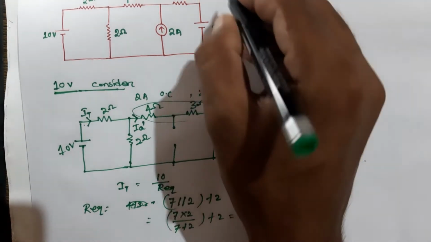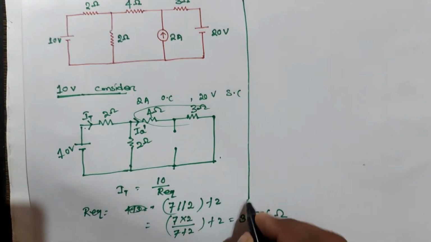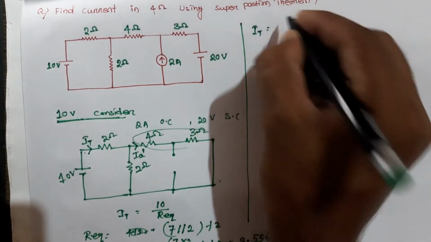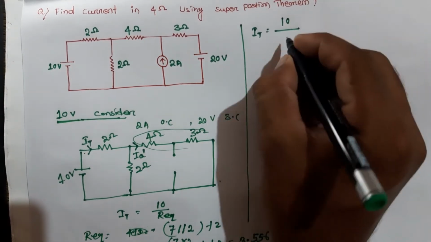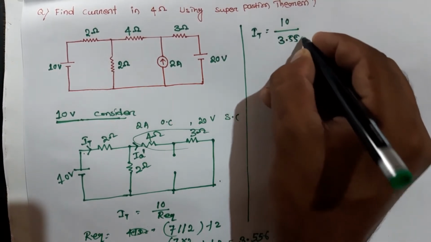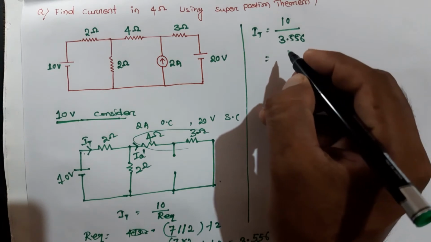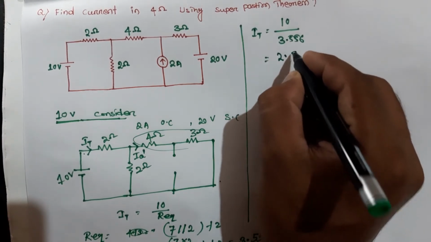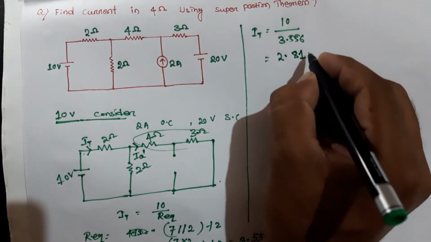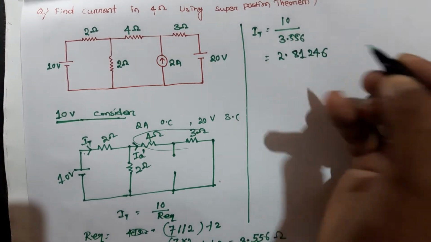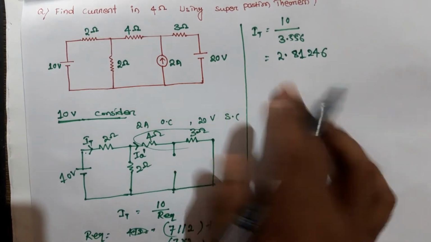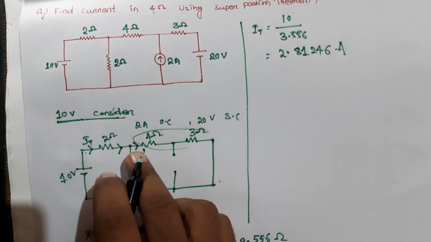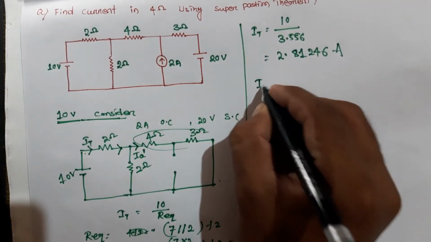Then we find the total current. The total current IT is equal to 10 divided by 3.556, which is 2.81246 ampere. If this is IT, then we find IA dash by applying the current division rule.